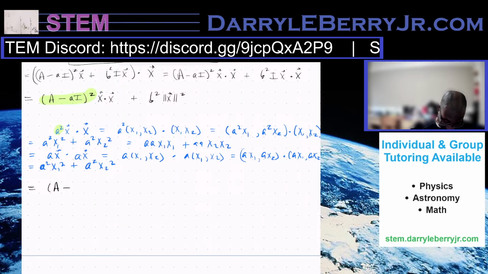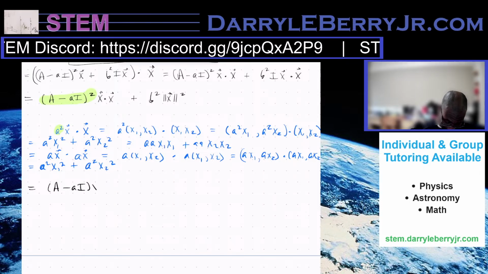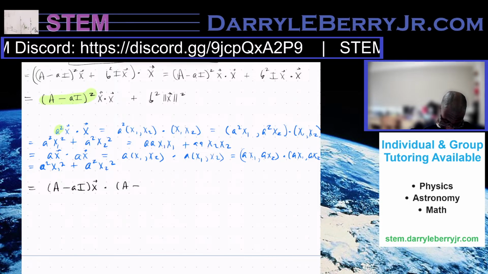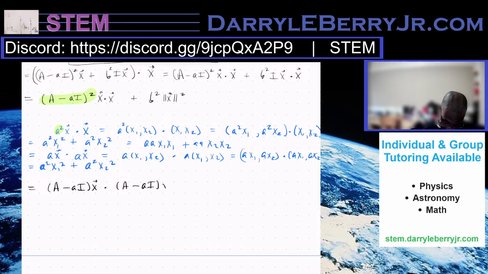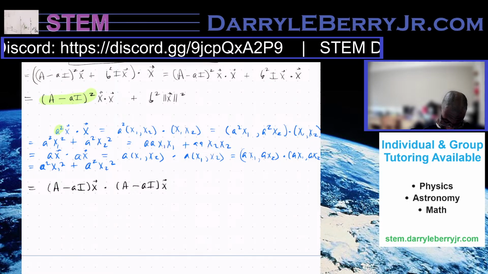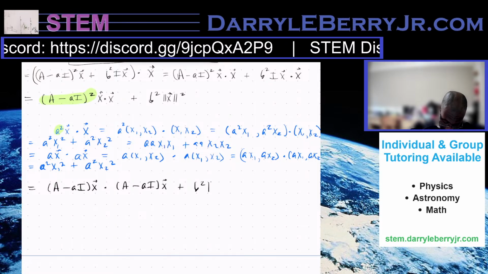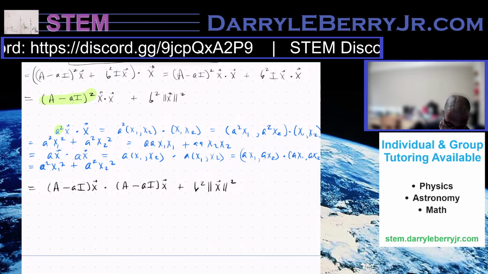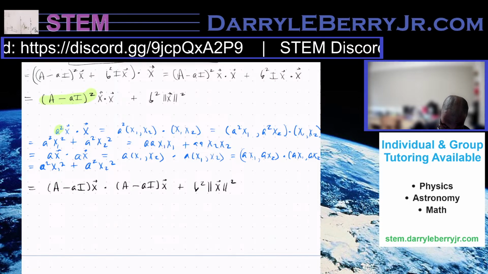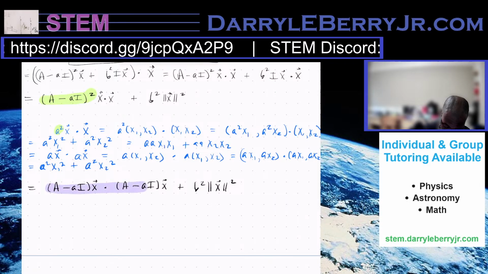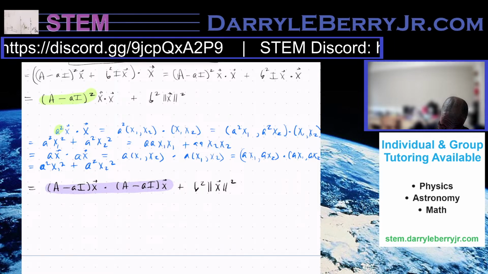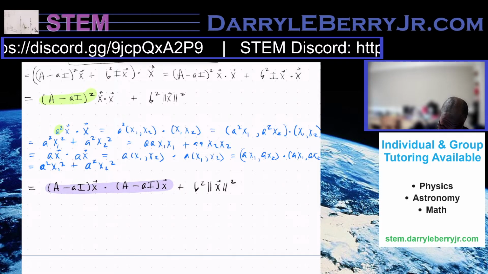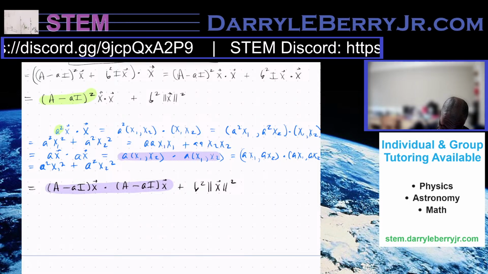So that ends up being (A minus AI)x dot (A minus AI)x plus B squared magnitude of x squared from the double x. So basically, this is this.